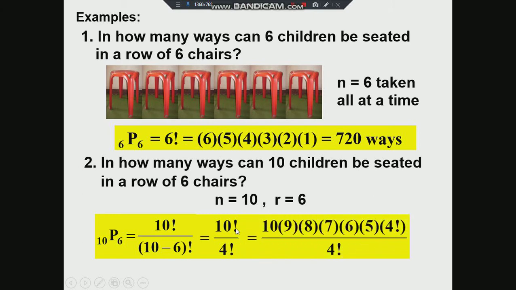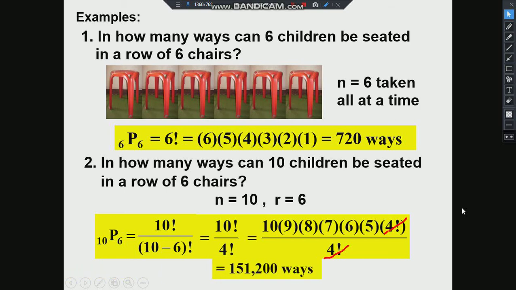And 10 factorial means 10 times 9 times 8 times 7 times 6 times 5 times 4 factorial all over 4 factorial. Then we cancel out 4 factorial, and it will be equal to 151,200 ways.